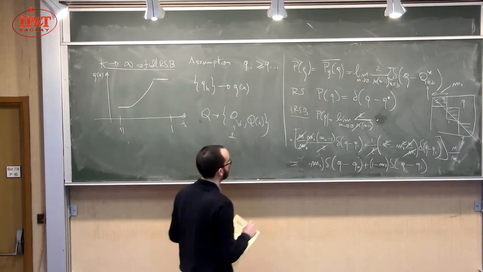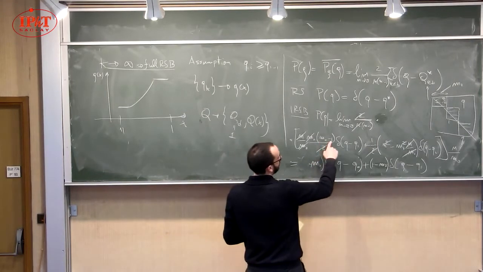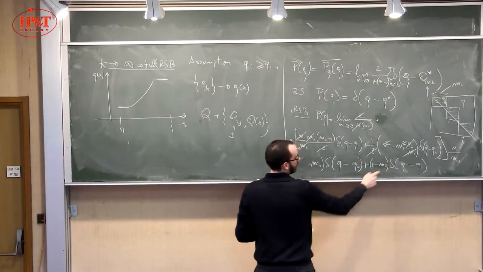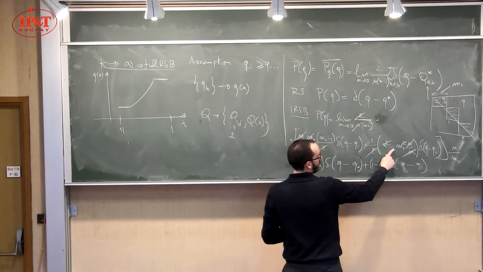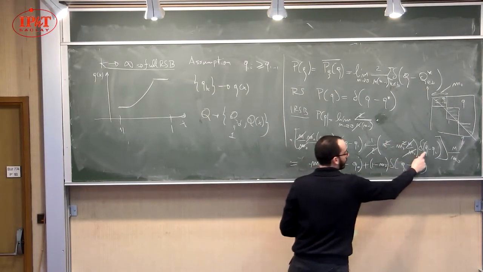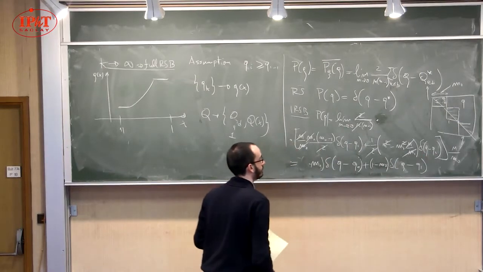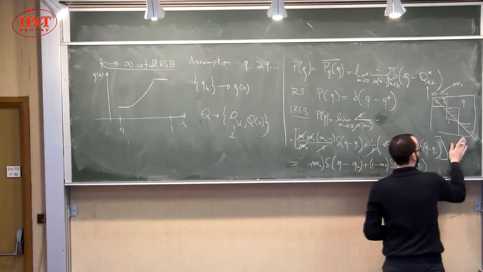So you have this, which is this, and then this goes to 0, and then I have a reverse sign here. So it's m0 times delta of q minus q0. This is not there, right?